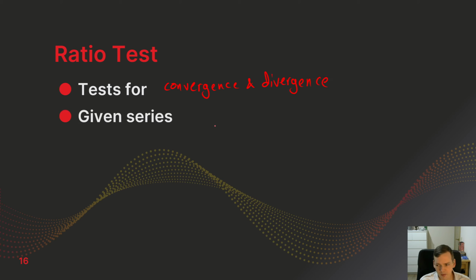This is given a situation where p is equal to the limit as n approaches infinity of a sub n plus 1 over a sub n, and the series is n equals 1 to infinity of a sub n. So in other words, the limit as n approaches infinity of the next term divided by the previous term. So a sub n plus 1 is one higher term, and a sub n is the lower term.